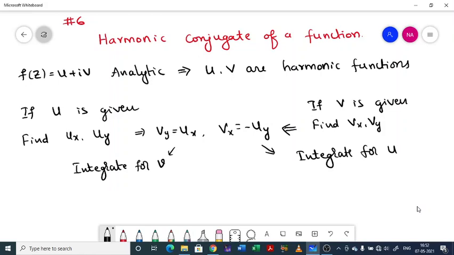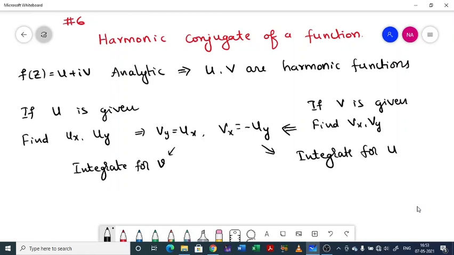f of z equal to u plus iv. If it is an analytic function, then its real and imaginary parts u and v are harmonic. So, real and imaginary parts of an analytic function are always harmonic. But if you choose two harmonic functions u and v, then their combination u plus iv need not be analytic.